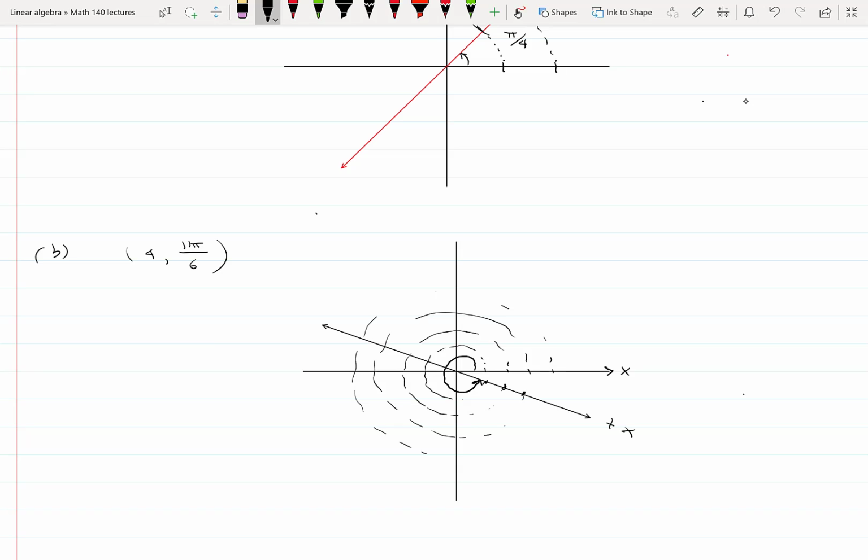You don't have to draw these little dotted angles in every time. I'm just trying to illustrate that I've rotated the x-axis through an angle of 11 pi over 6, and I've kept track of where the values on the rotated x-axis ended up, and that's my point.